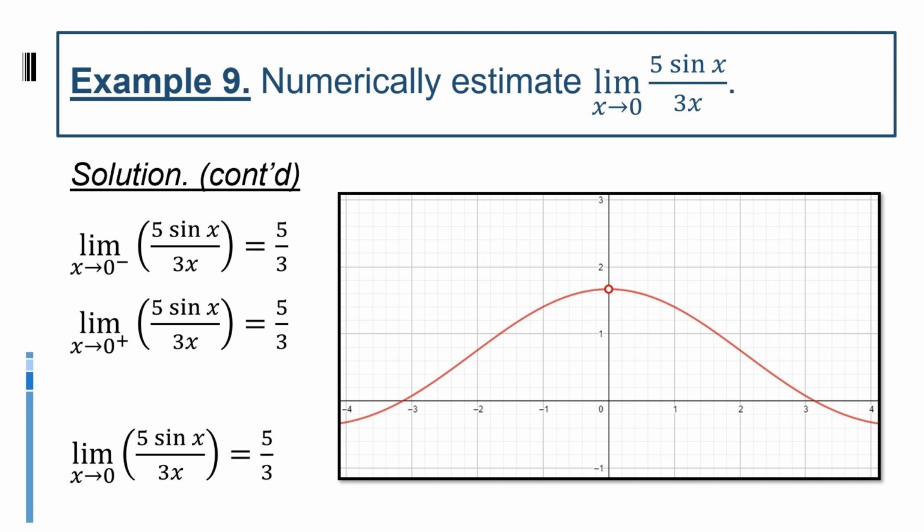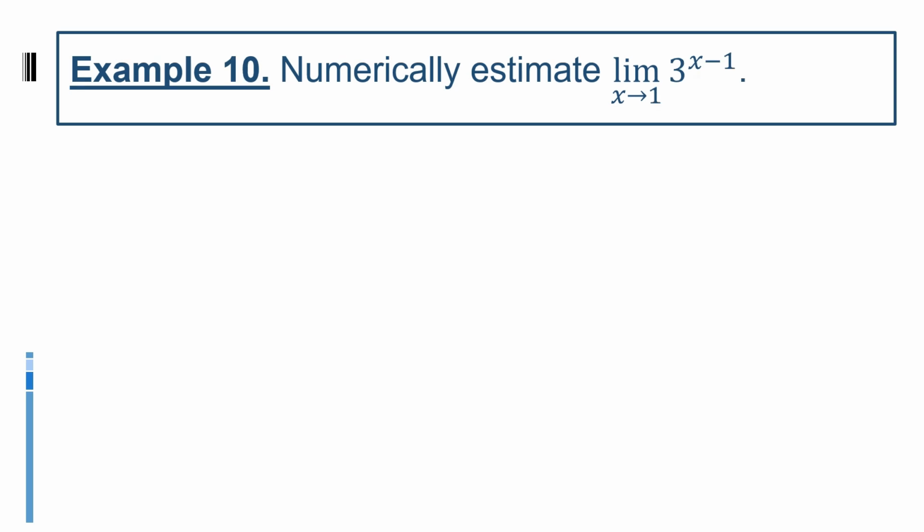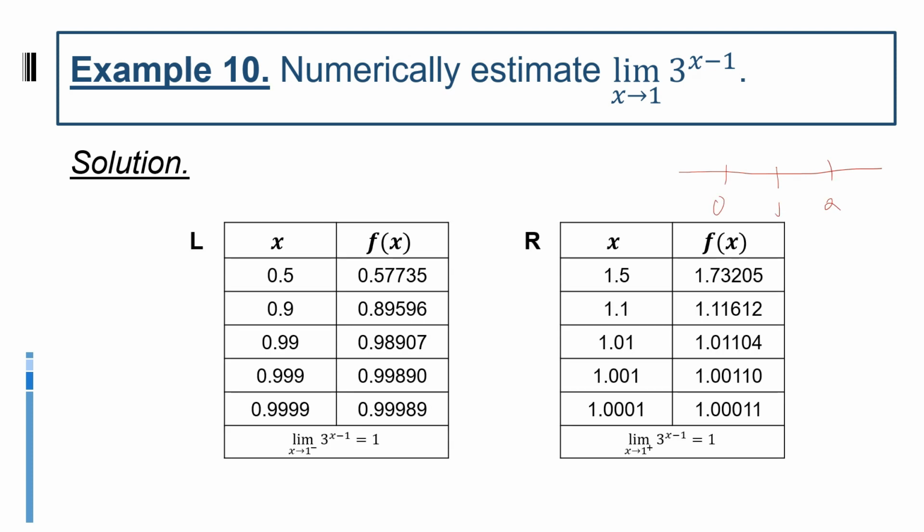Ito yung graph ng function natin, and we can see that this is really at 5/3 from left and from the right of 0. Numerically estimate the limit as x approaches 1 of 3 raised to x minus 1. So for our solution, again, tignan natin, 1 ito, 0 and 2.